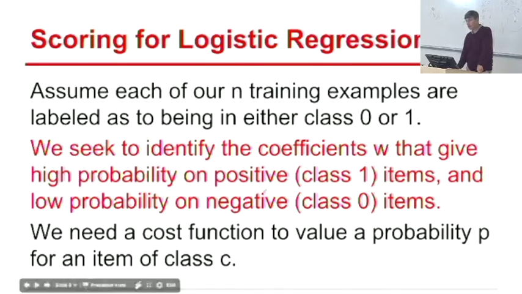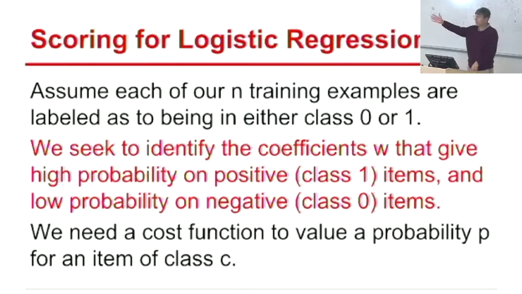And to determine how good a set of coefficients is, we need a cost function to decide how many points we give you for giving a 0.75 call to a positive object. Let's think a little bit about how we would want to score these things.